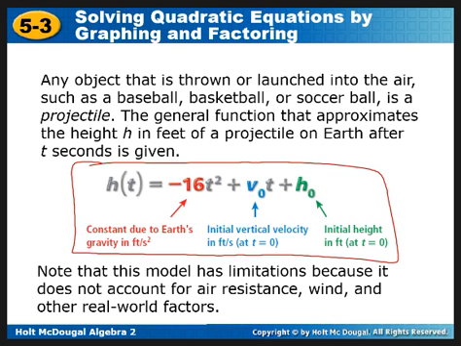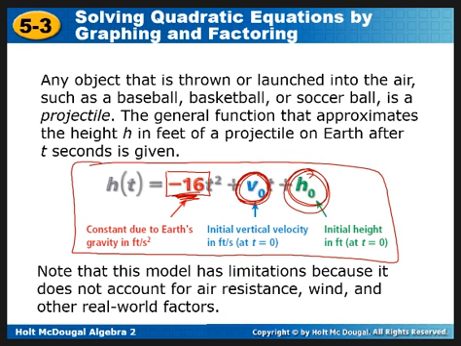Okay, the -16 is a constant, while the other values are something that's going to be given to you in the problem. This part here is a constant. It's always going to be -16 in front of your t squared. This number that goes in front of the t is going to be whatever your initial velocity is based on the problem. This number right here is going to be whatever your initial height is.